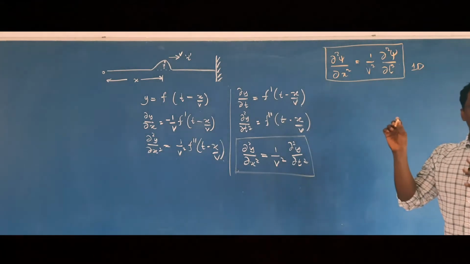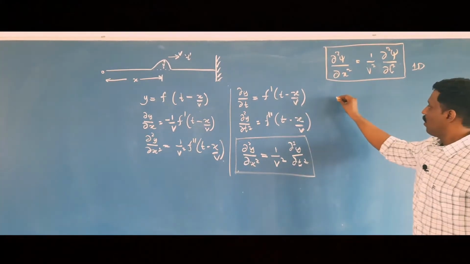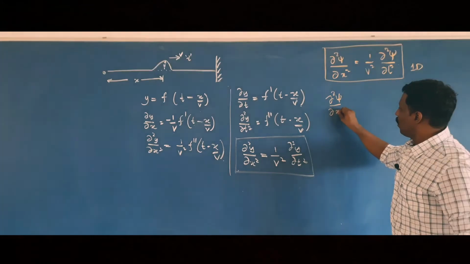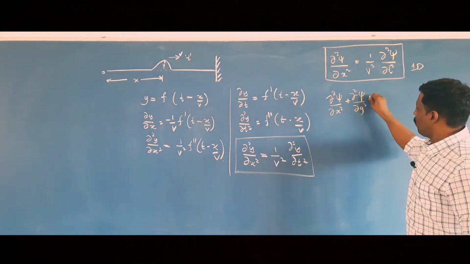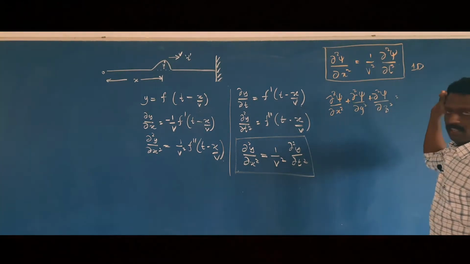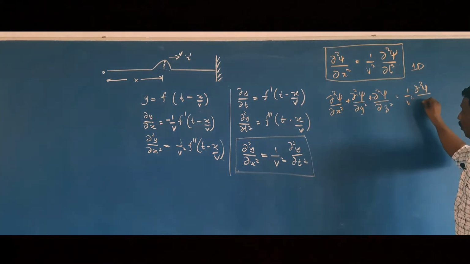Now to obtain the wave equation in 3 dimensions, we will write the 3-dimensional equivalent with dou square xi by dou x square plus dou square xi by dou y square plus dou square xi by dou z square is equal to 1 by v square dou square xi by dou t square.